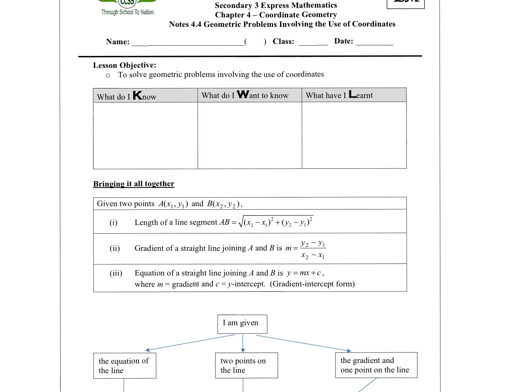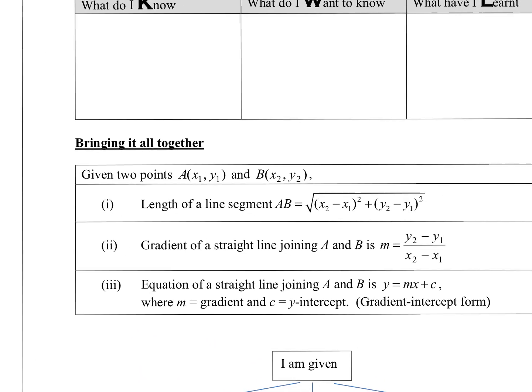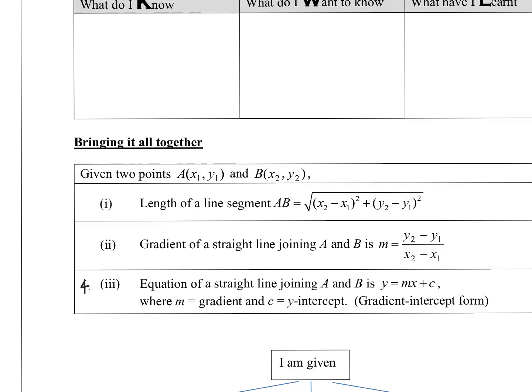Okay, the last part of the notes is a summary. In 4.1, we learn gradient of a straight line, which is rise over run.